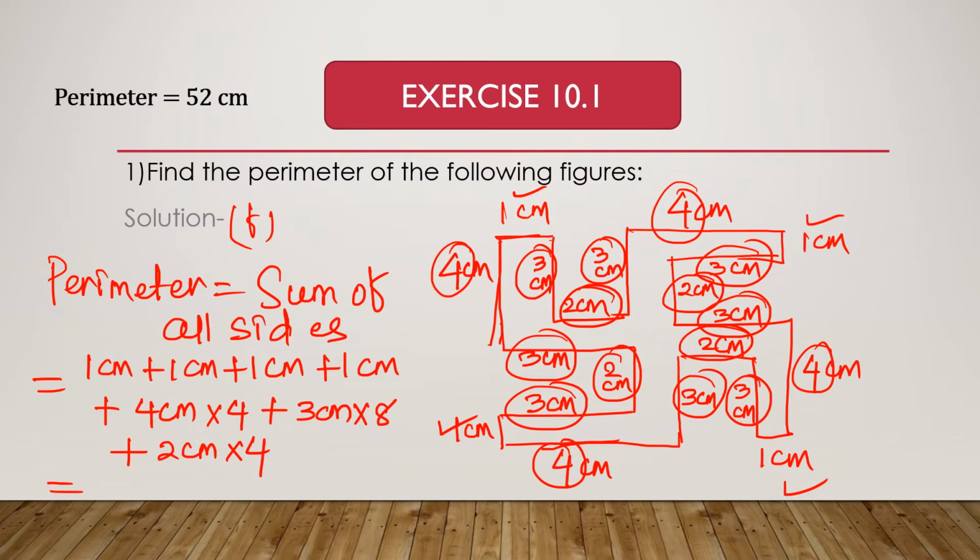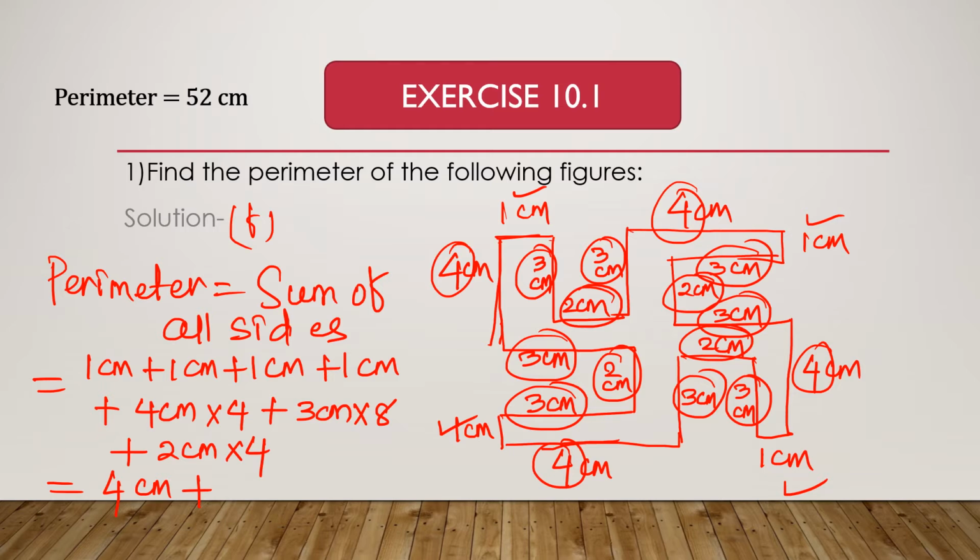1 centimeter plus 1 centimeter plus 1 centimeter plus 1 centimeter, that is 4 centimeter. How many sides? 1 2 3 4 5 6 7 8 9 10 11 12 13 14 15 16 17 18 19 20. 20 sides.